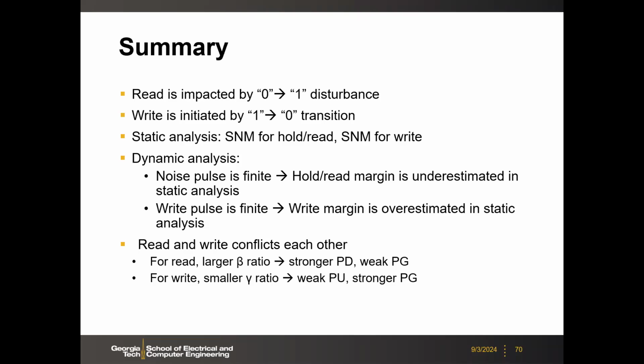So in the last lecture, we talked about the SRAM stability, and here is a quick summary. We talked about the read operation. We need to be careful about this 0 to 1 disturb, right? We want to minimize the rise of that storage node voltage, which stores 0.